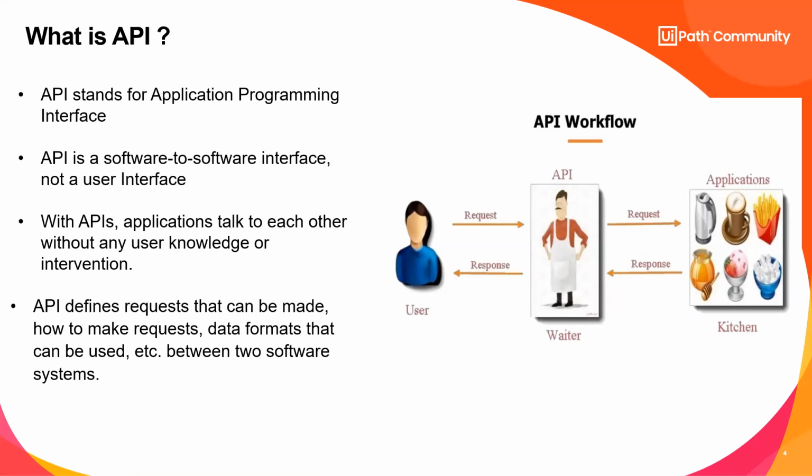API is what makes it possible for all of us to book a flight from any website or make a reservation in hotels, or any interaction between applications. Whatever we see nowadays is possible because of APIs. So in very plain language, I have explained what is API.